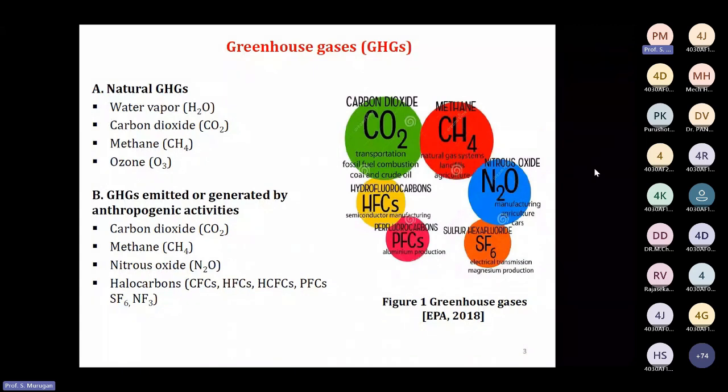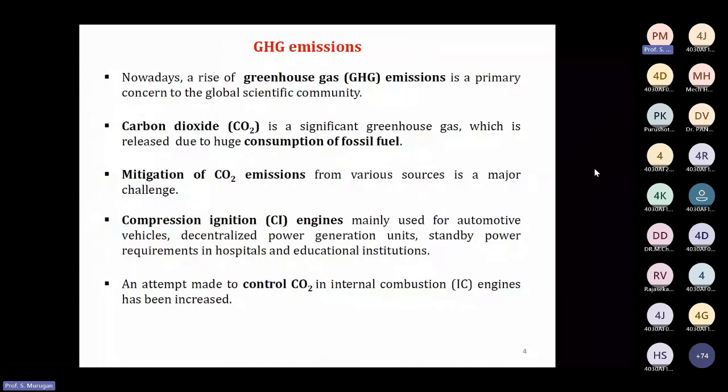So people are working to reduce the accumulation of carbon dioxide in the atmosphere. There are many sources of carbon dioxide emission from different combustion devices. The main one is that carbon dioxide emission originates from vehicles, especially vehicles and heat engines.